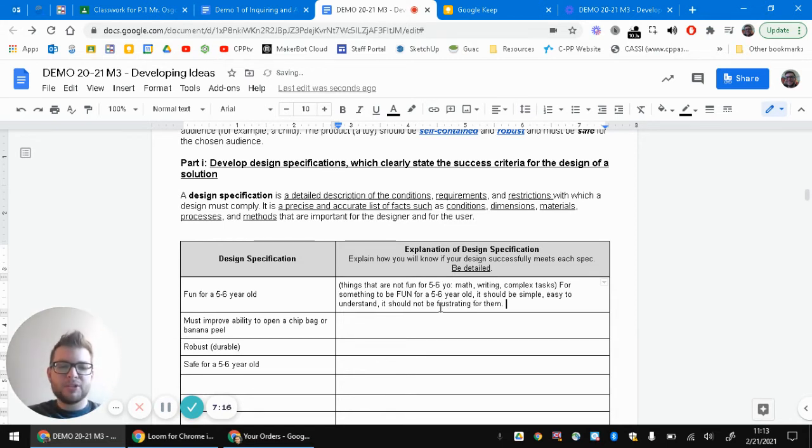And it probably also should be, oh, I was going to say colorful, but let's add that down here. Visually appealing. I just thought of another design spec, and you can add them as they go. So right there, that's a pretty good explanation of this design spec, right? I know that something that's going to be fun should be simple, easy to understand, and it shouldn't be frustrating, all right? So it's about giving more details over here.